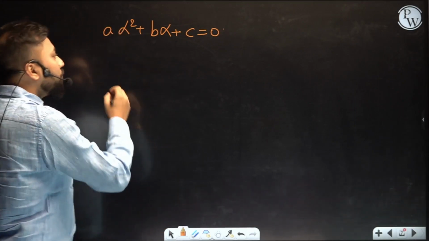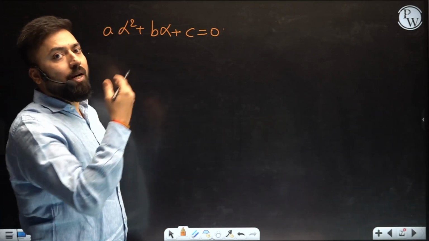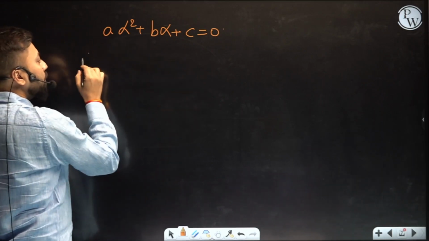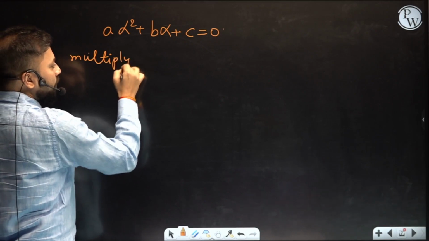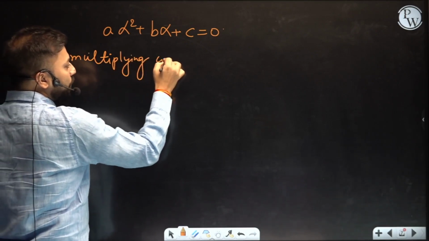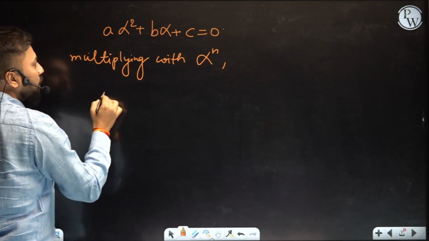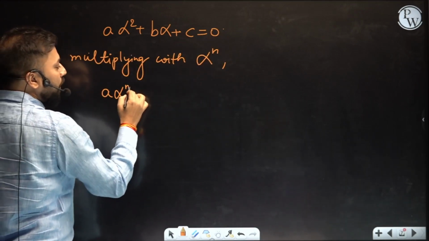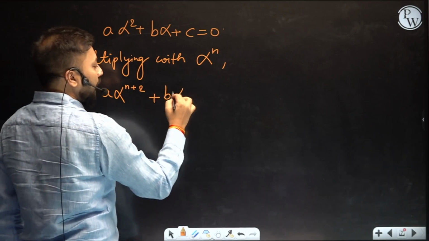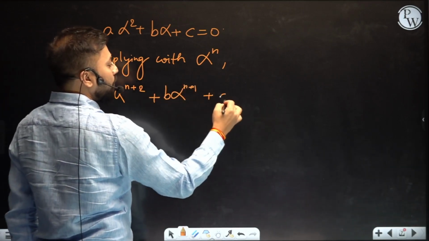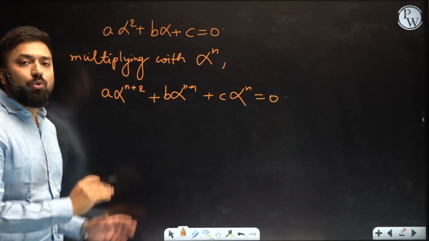Now if we multiply this equation with alpha raised to power n, we will get a times alpha raised to power n plus 2 plus b times alpha raised to power n plus 1 plus c times alpha raised to power n is equal to 0.